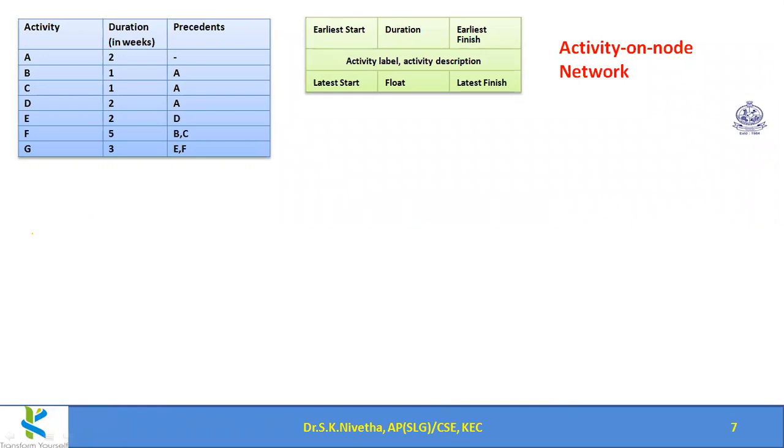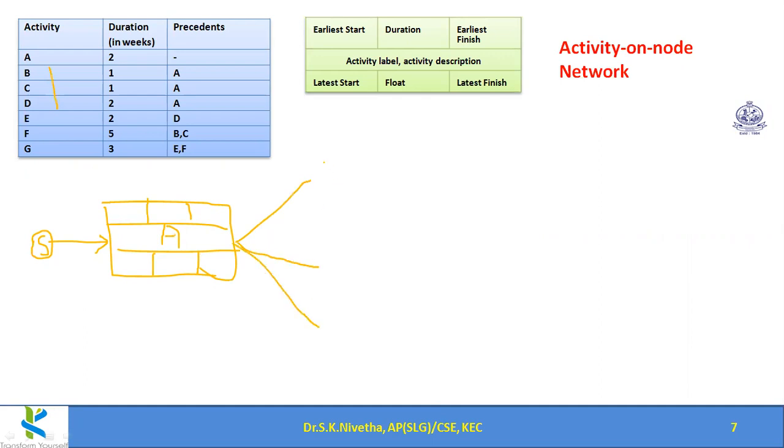So now activity on node network. So a start node and only one activity that is without any precedent. So only one I am drawing. This is activity A. Now after A is over, three activities I can start B, C, D. So I am drawing three arrow marks.